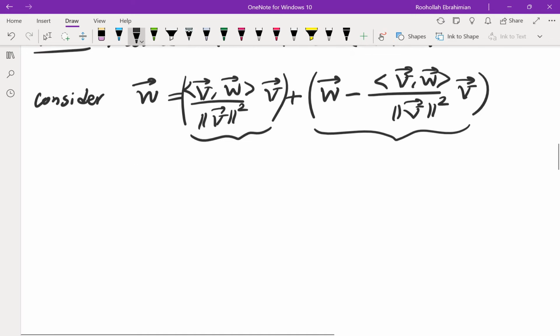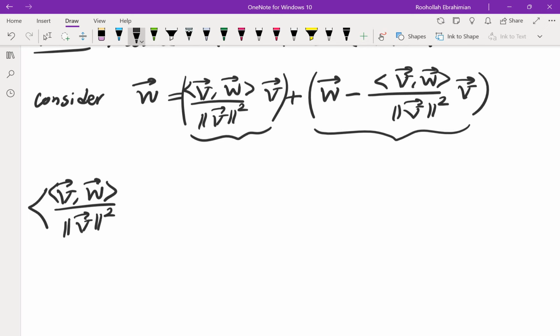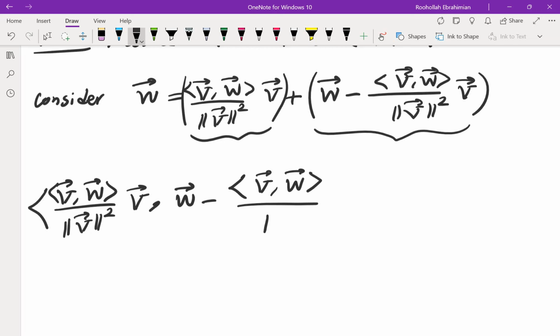So let's take the inner product of these two. So inner product of this vector, which is a multiple of V, and the other vector, which is W minus, okay, so we'll evaluate these.